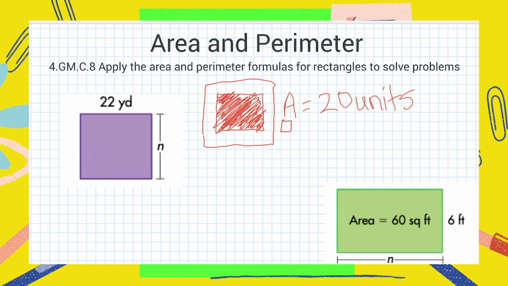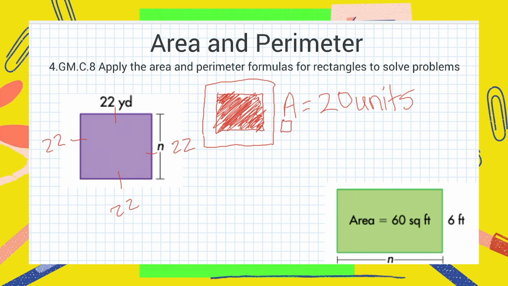So let's take a look at the purple figure here. I know that this is a square, which means all of these sides are going to be equal. 22 yards is the measure of one side, and I know that that's going to be the measure of every other side, since it is a square.